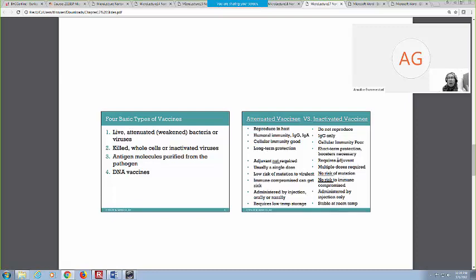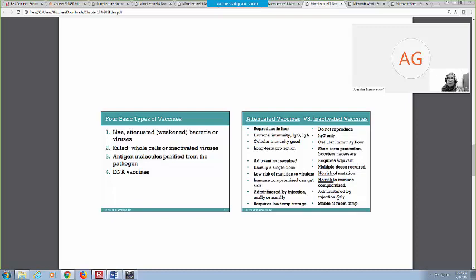It does need some help. Often if you use just part of the pathogen, you'll need to add adjuvant to get it to really strongly activate an immune response. If it doesn't activate the immune response strongly, then you won't get any kind of protection from that vaccine.